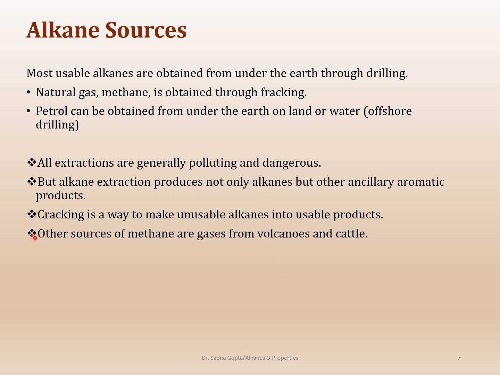The other sources where you can find all these petroleum products are of course volcanoes, which is a natural production, you can't stop that. And of course cattle also, which is also a natural production. You might have heard about some insane theory that people are going to stop eating beef and all that because they want to stop methane from forming. Well, it's not that at all, because cattle do form methane.